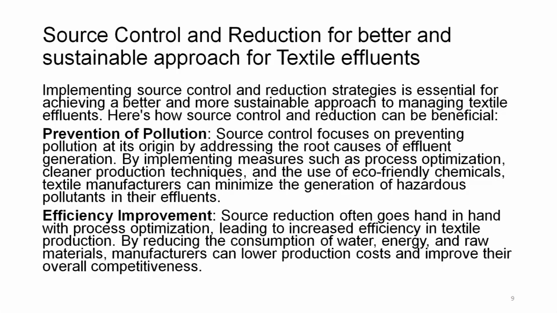By implementing measures such as process optimization, cleaner production techniques and the use of eco-friendly chemicals, textile manufacturers can minimize the generation of hazardous pollutants in their effluent. So, prevention is better than cure.